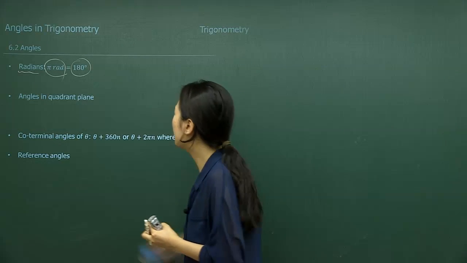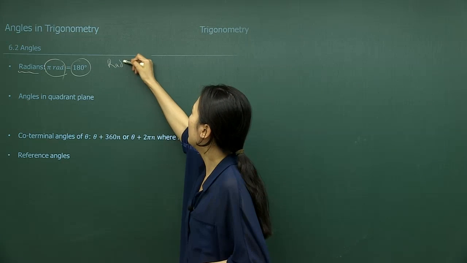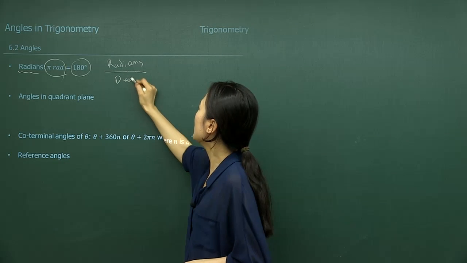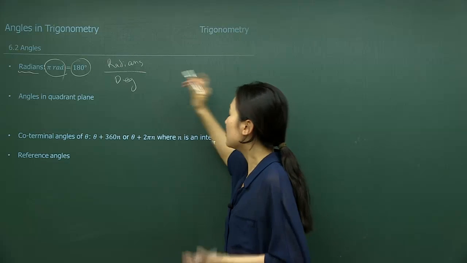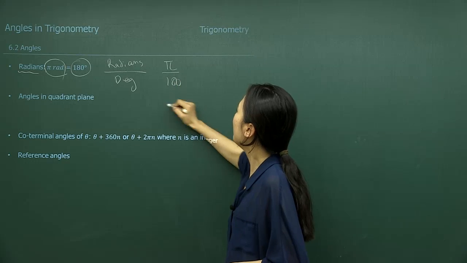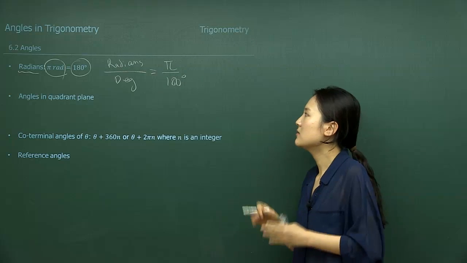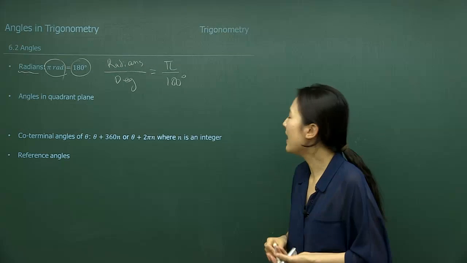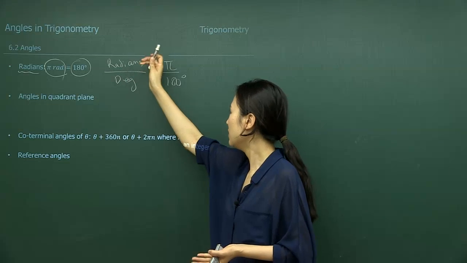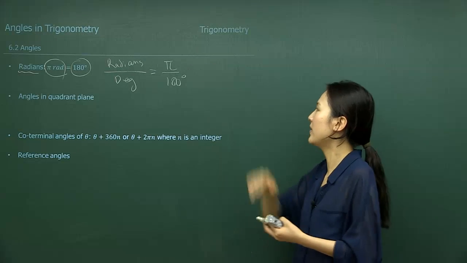Okay, so let's just do a quick example on that. I used to come up with a formula, but actually the ratio of radians over degrees is simple enough. The set ratio for radians to degrees is pi over 180 degrees, right? So whenever you're converting degrees to radians or the other way around, all you have to do is put the values that you're given into the ratio and put x for the missing value, and just solve it.